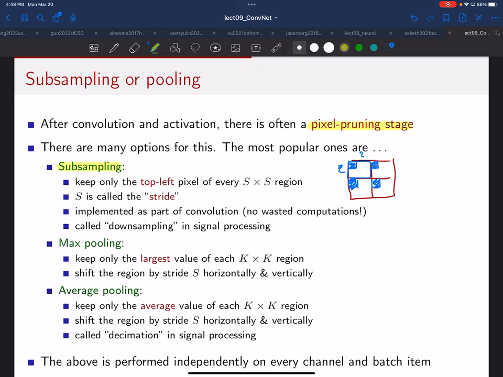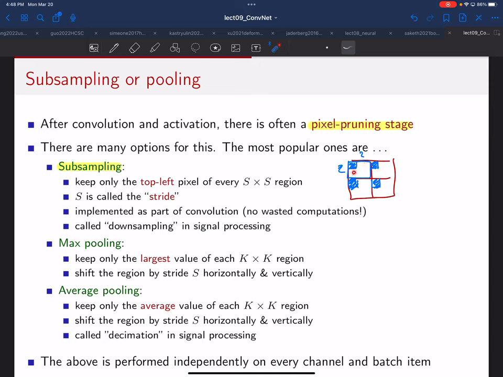So this particular operation, subsampling, because you know what you will keep and you know what you will throw away, it doesn't make sense computationally to compute these convolutional outputs, because remember this is happening after your convolutional layer.